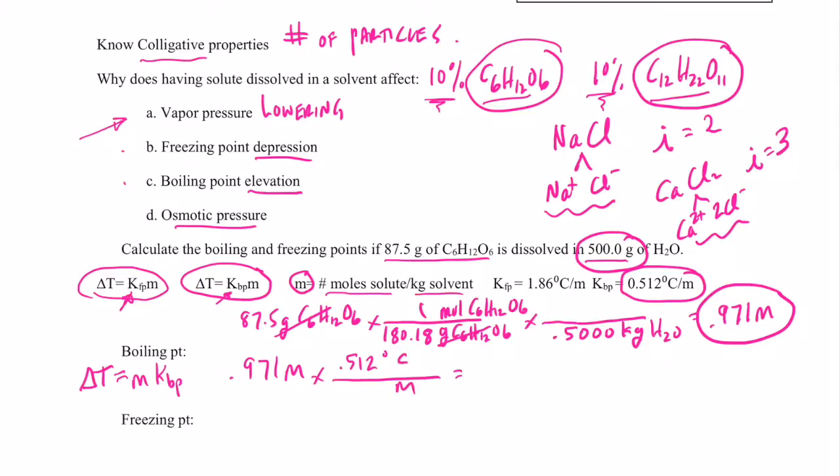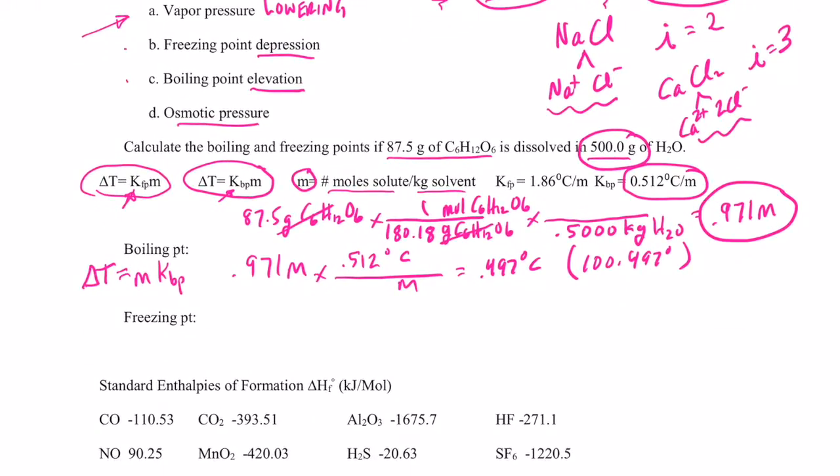So 0.971 times 0.512 gives me a boiling point elevation of 0.497 degrees Celsius. So since water's boiling point at sea level is 100.000 degrees Celsius by definition, my new boiling point will be a bit higher, 100.497 degrees Celsius.